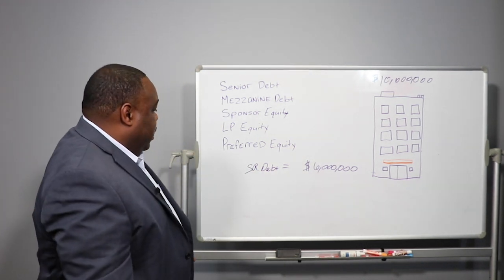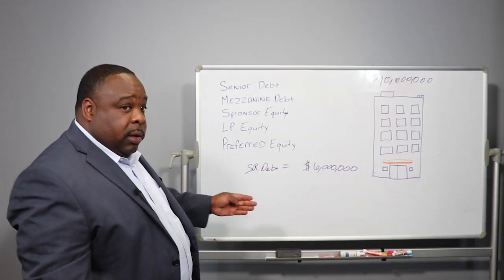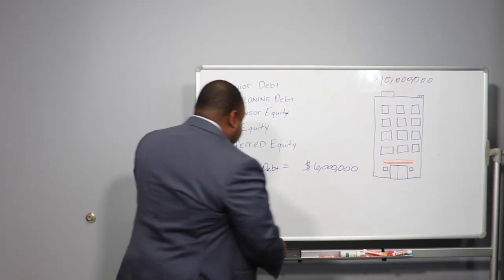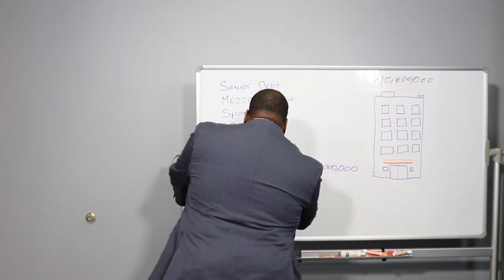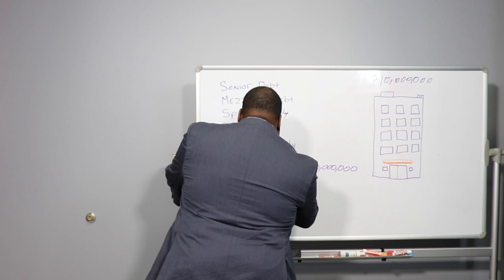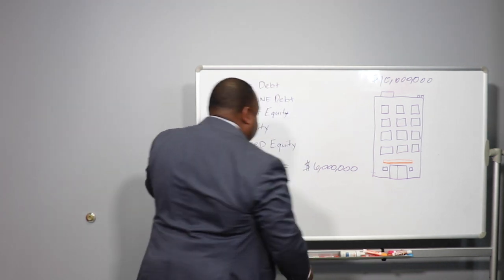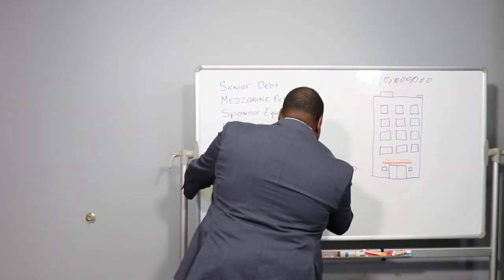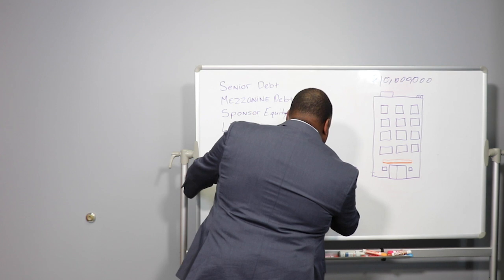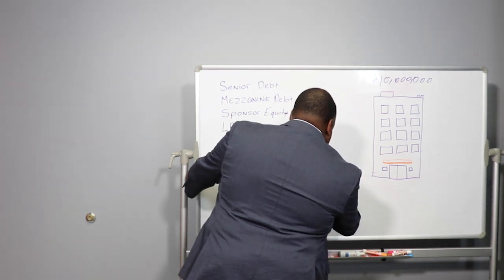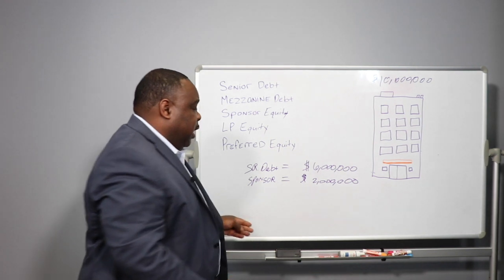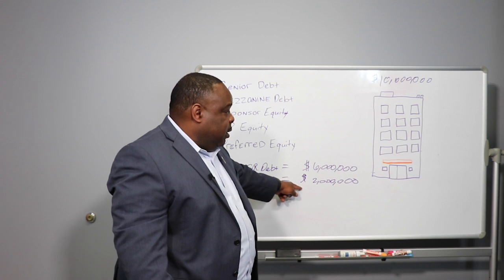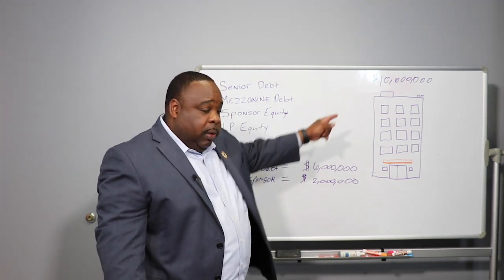There's equity required in any project. The sponsors have to put sponsor equity into this, and let's say they're only able to come up with $2 million. So now we have a shortfall here of $4 million. $6 million plus the $2 million of sponsor equity does not equal the $10 million required. We need another $2 million.